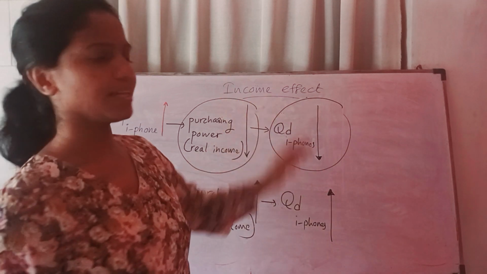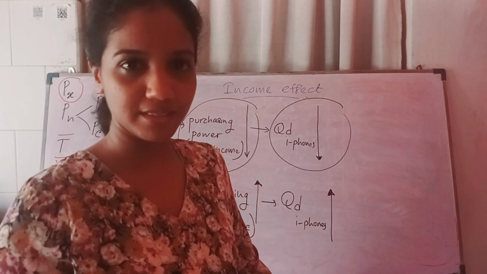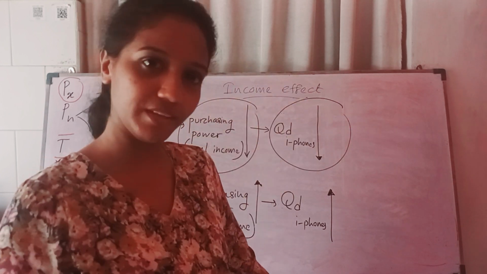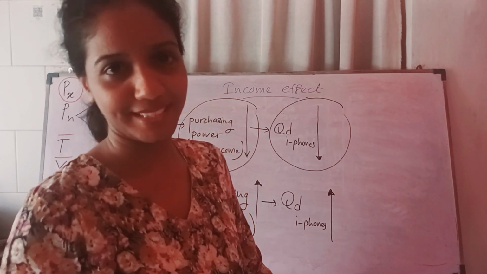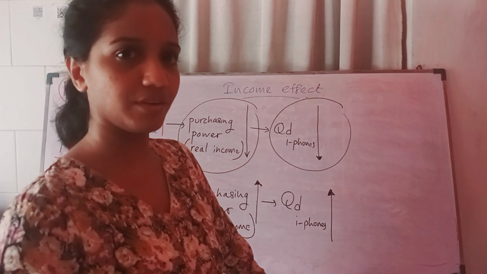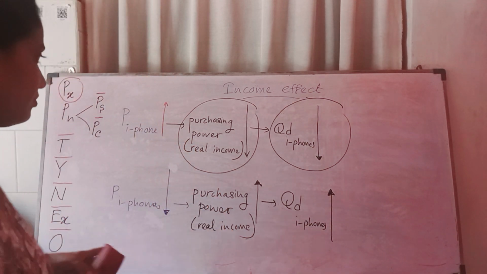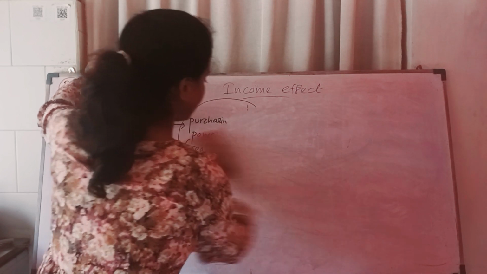So, these are the two reasons of the law of demand. One is substitution effect and the other one is income effect, right? So how can we define income effect for a normal good, children? Please write, how can we define the income effect?